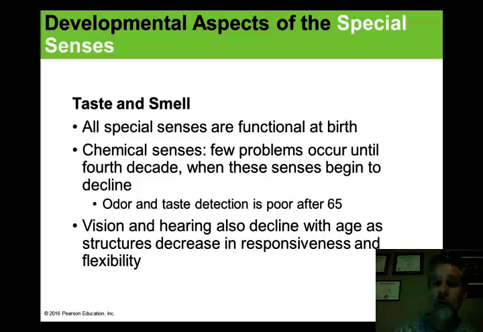Still, they tend to dull through time. So odor and taste detection tend to be poor at about 65 and older. That's why spicy foods can add a little bit more; it's not quite as noxious to those that are younger. But vision and hearing, we all know, decline as well. So something to look forward to.